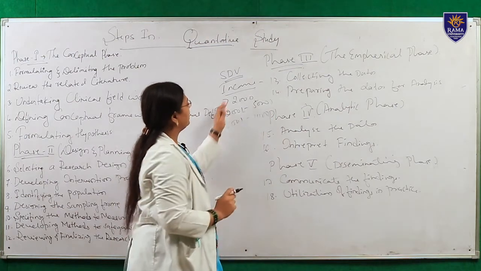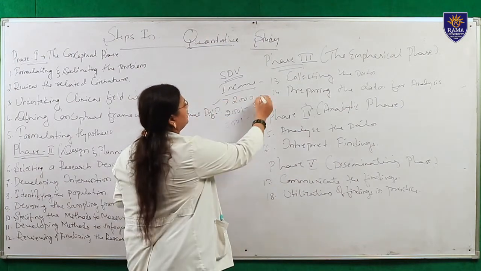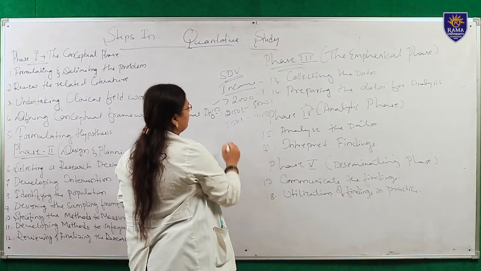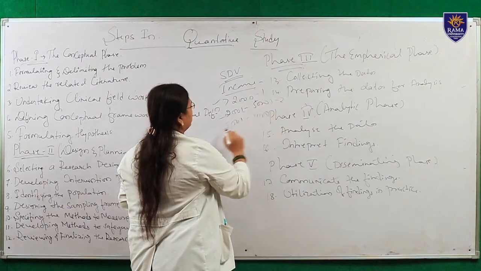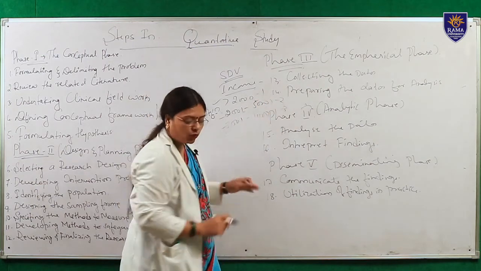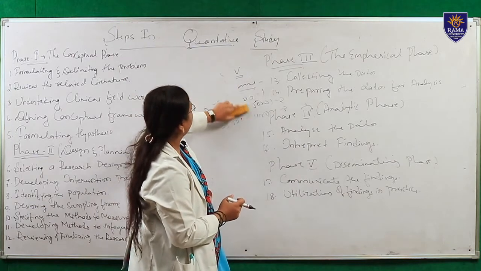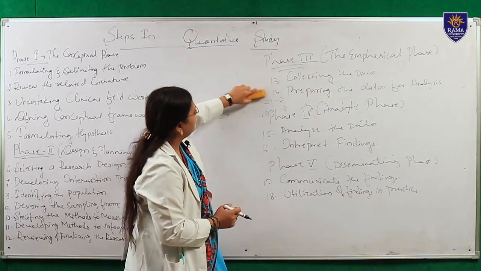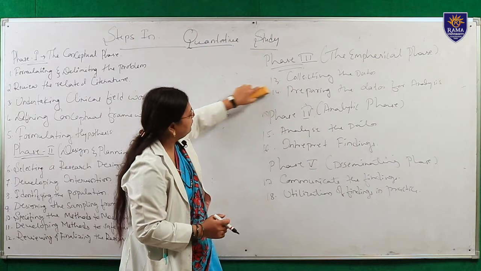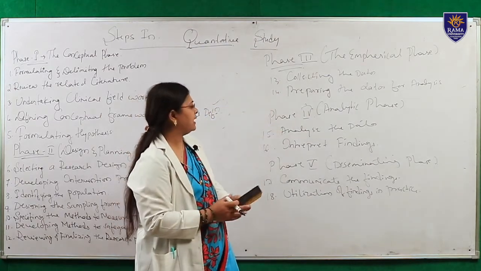If any sample falls in the first group, code it as 1; in the second, code it as 2; then the third, 3. This type of 1, 2, 3 coding is known as preparing the data for analysis. Then comes phase 4, that is the analytical phase.